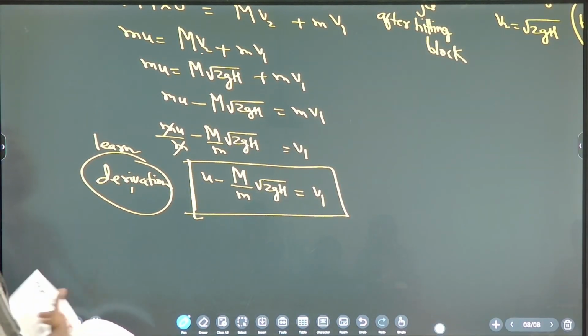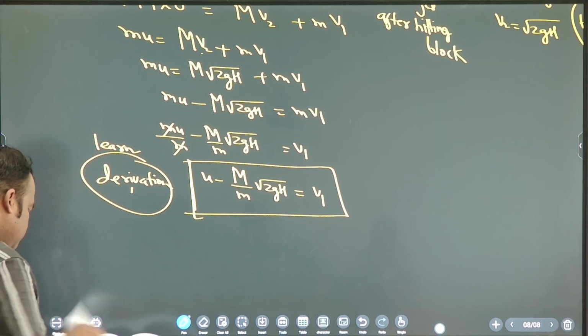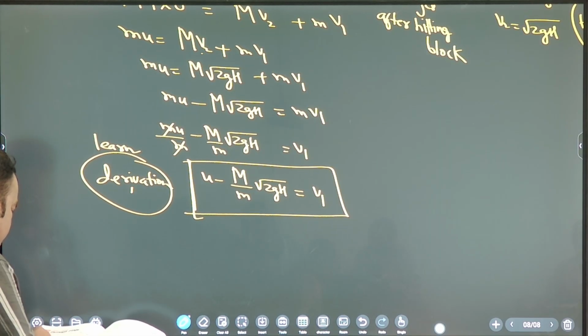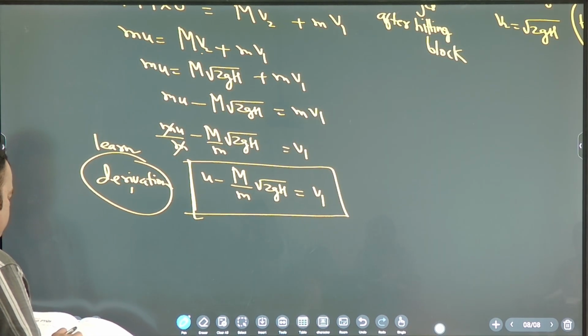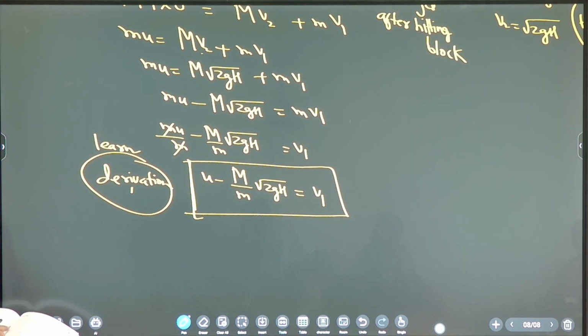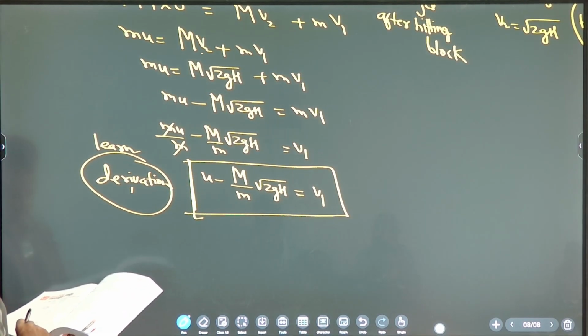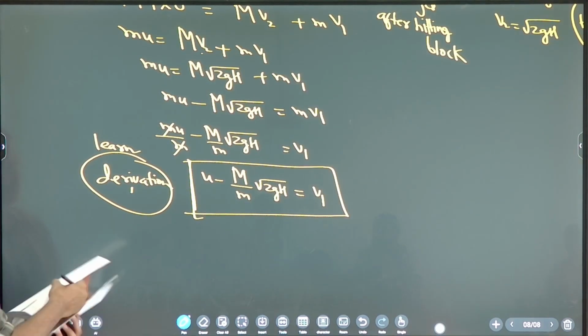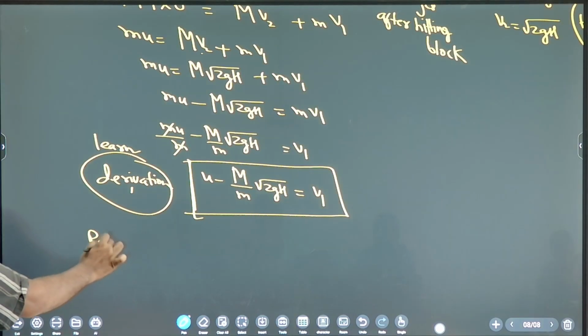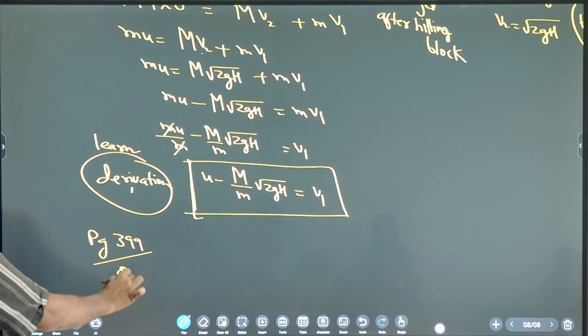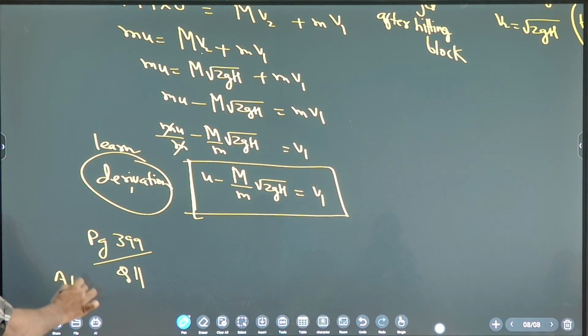Now this is there in collision, I think. Eleventh question, page 399. This is AIPMT 2016, a PYQ.